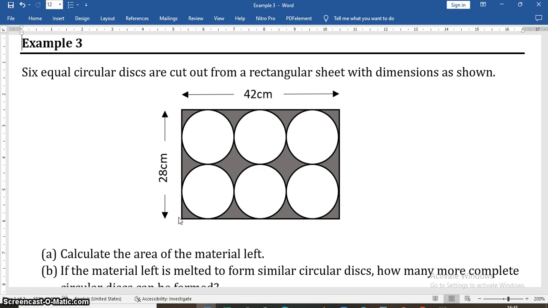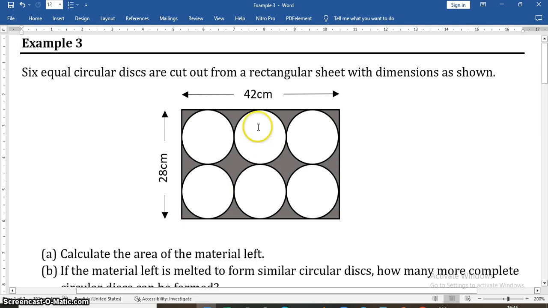Example 3 says, 6 equal circular discs are cut out from a rectangular sheet with dimensions as shown. The length of the sheet is 42 centimeter and the width is 28 centimeter. And you see the shape is rectangular.